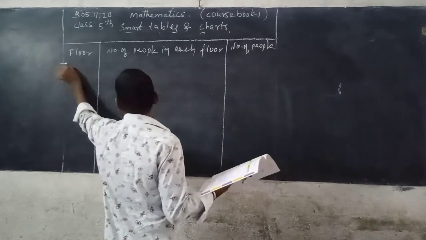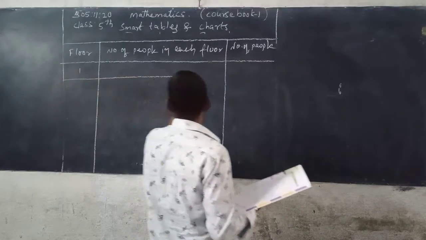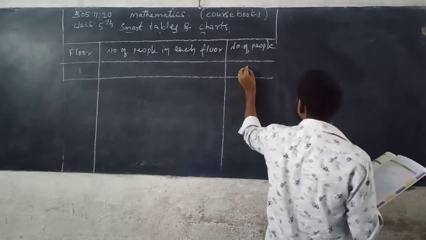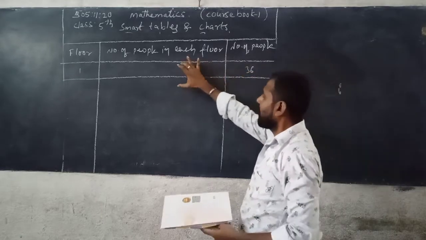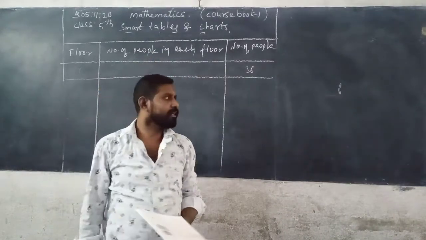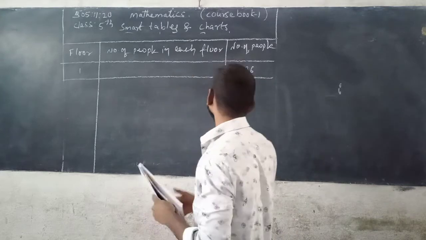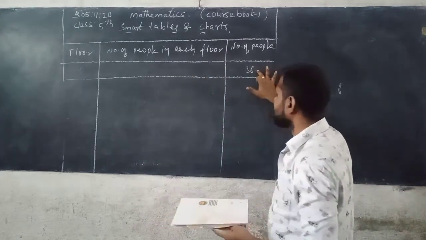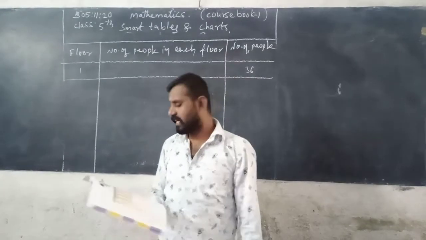See here, beta, listen carefully. First floor, how many? So here 36 people. How many persons can you draw here? One person is equal to 4 persons, so 36 divided by 4, you can get the answer. 4 nines are 36.